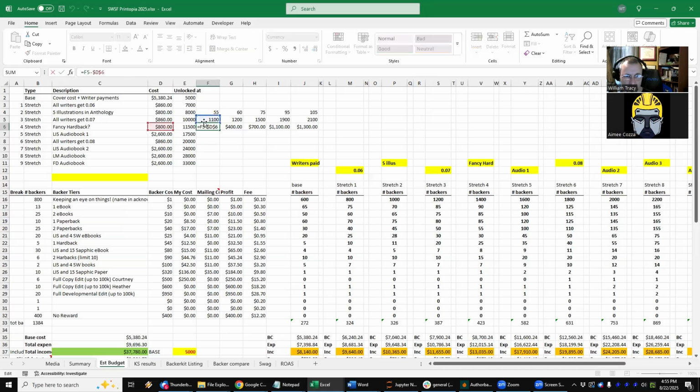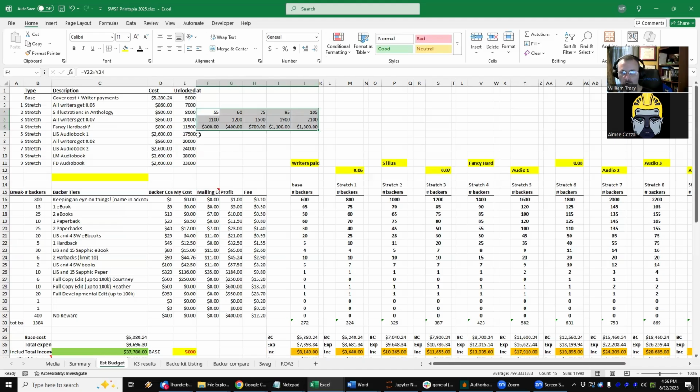This is the difference in cost for each next stretch goal that I hit. So this 1100 here is actually the cost for the next stretch goal, based on how many people I think are going to back the campaign at that level, how much extra it's going to take me to produce that hardback.